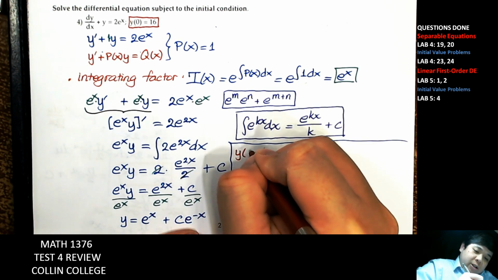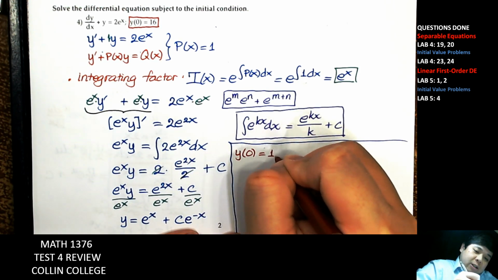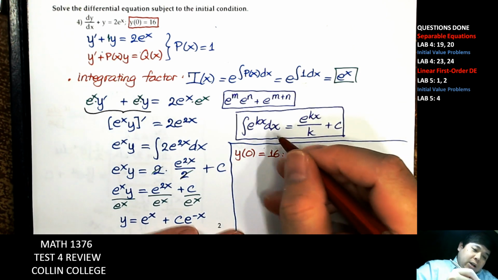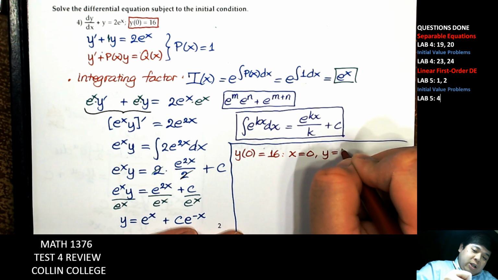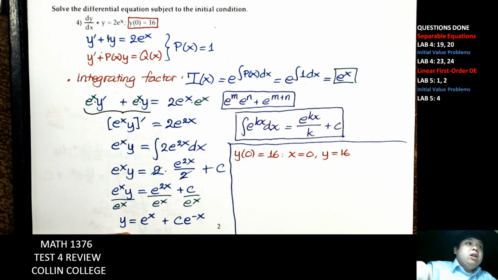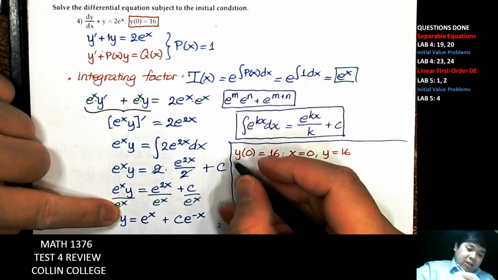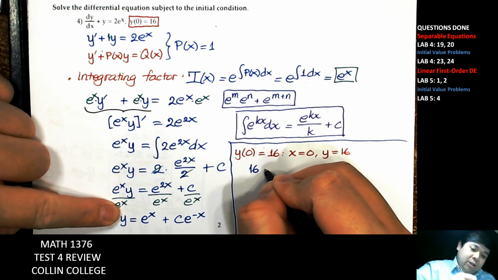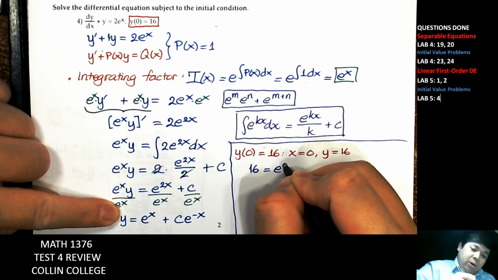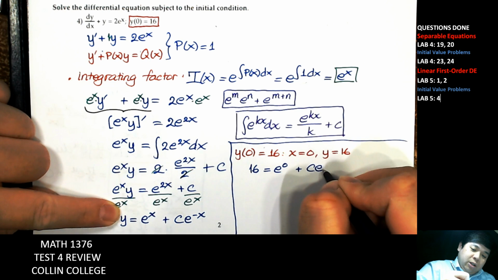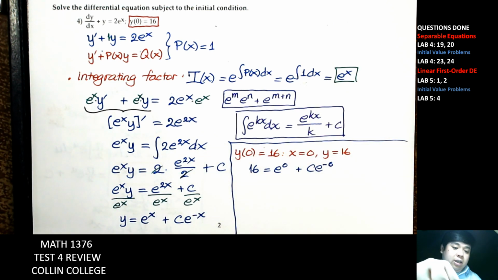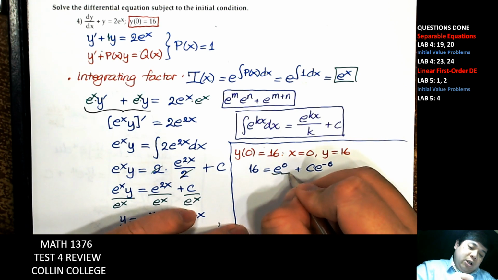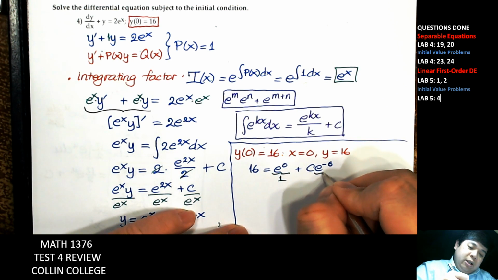y of 0 equal to 16, meaning that when x equals 0, y is equal to 16. So we're going to put 16 here for y, and e to the 0 plus c e to the negative 0. So e to the 0 power is 1.